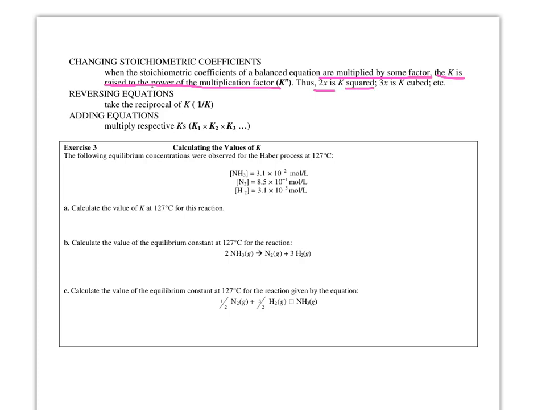Or if I triple my reaction coefficients, then K is cubed, etc. If I reverse my equation, instead of making it a negative, we do an inverse of K. Adding the equations means I multiply the K values. These are things you need to know. They're super easy questions, but they are things that you need to recognize are going to happen.